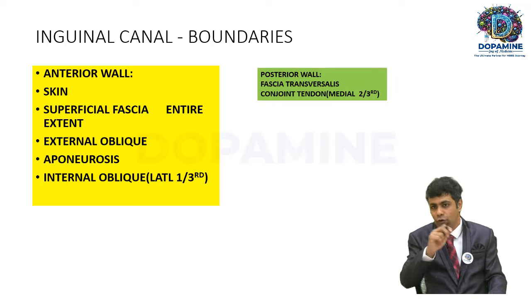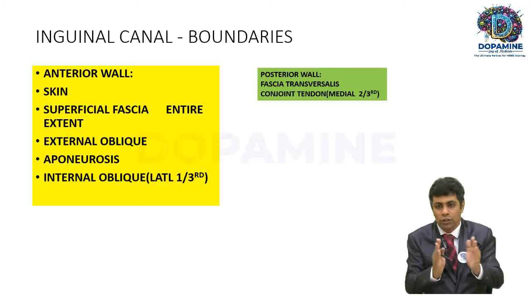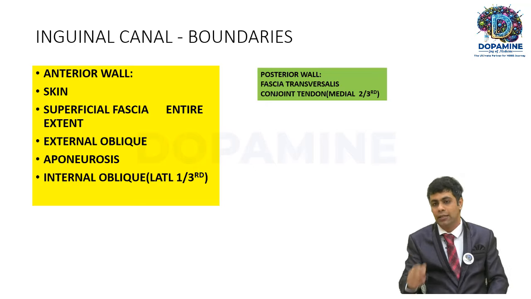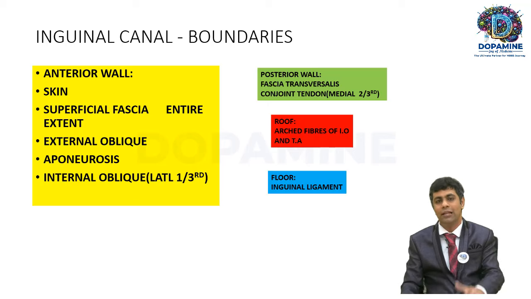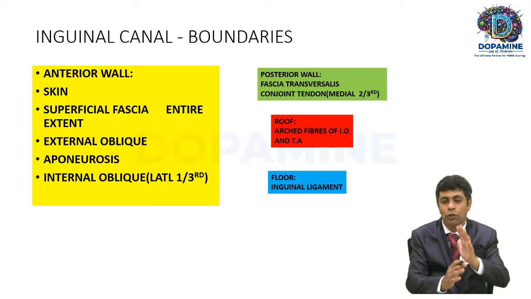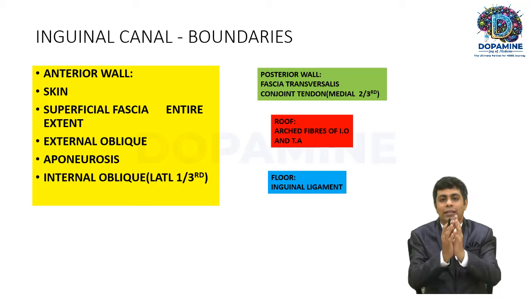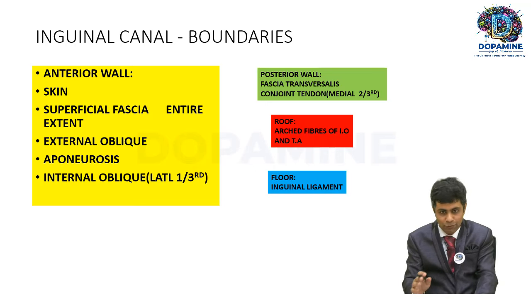The posterior wall is formed by fascia transversalis, and the medial 2/3 of the posterior wall is formed by the conjoint tendon, which is formed by internal oblique and transverse abdominis muscle. The roof is formed by the arched fibers of internal oblique and transverse abdominis, and the floor is formed by inguinal ligament and of course the lacunar ligament. So this is how you have to remember the boundaries of the inguinal canal. I hope I made this one clear.